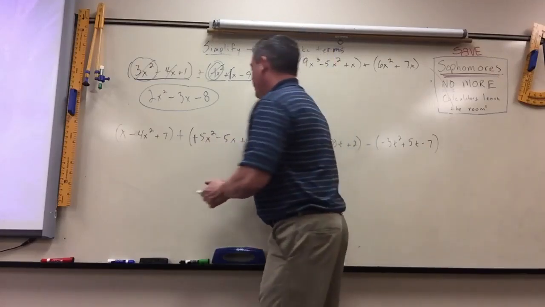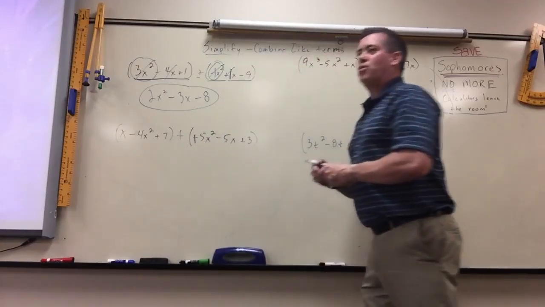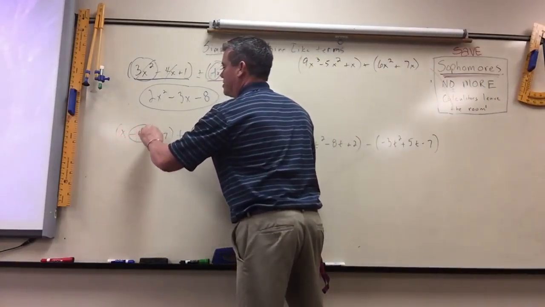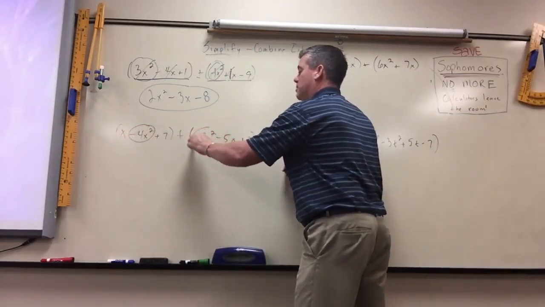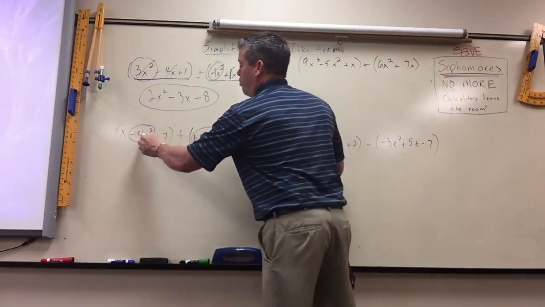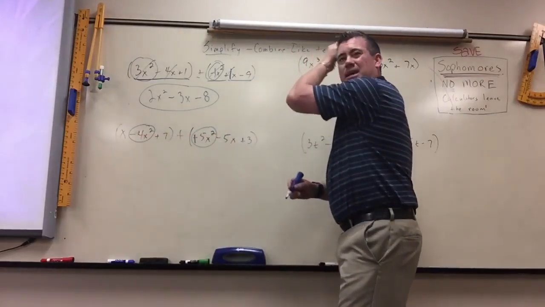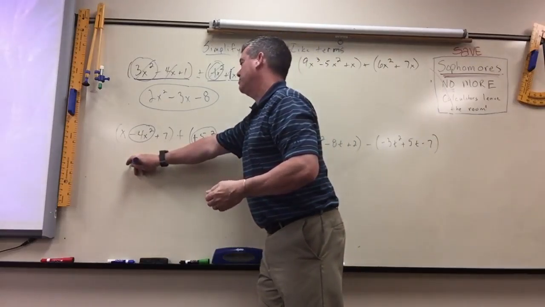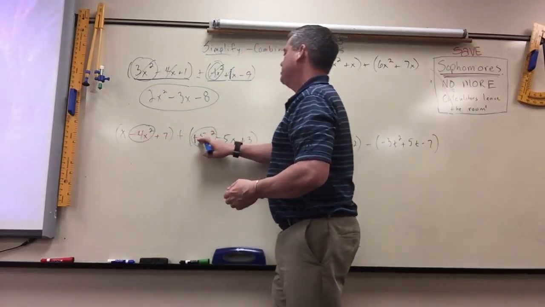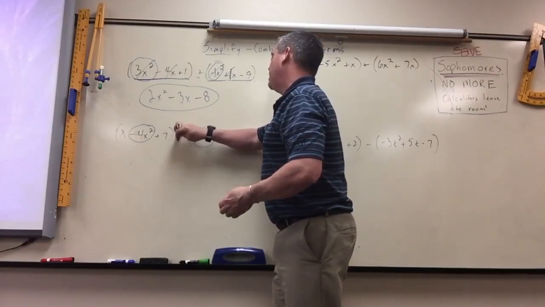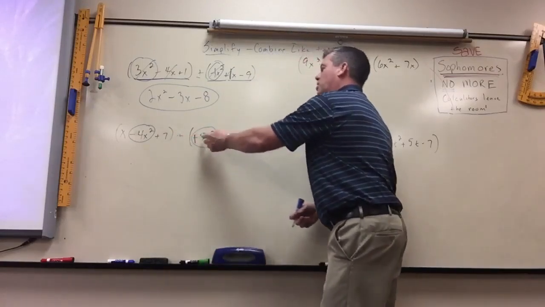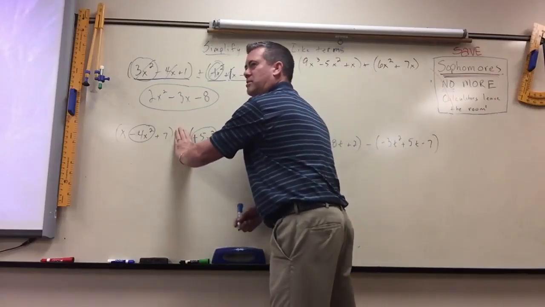Okay? Now, it doesn't matter what order you combine them in. But usually, like I said, they start with the biggest exponents. So a negative 4 and a positive 5 makes negative 1. Oh, so you do change the middle sign? Yeah, because a negative and a negative makes a positive. Once you change all these signs, you could just disregard it.